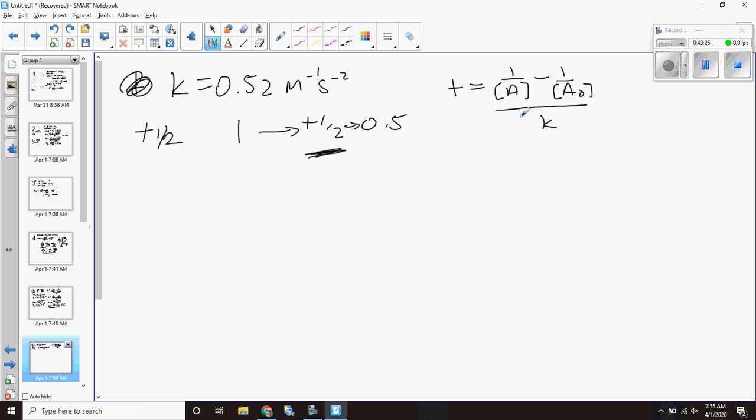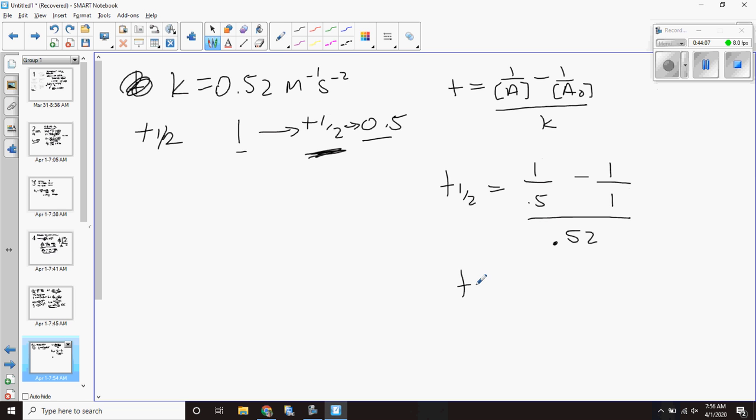That is going to be our expression to get the half-life. All right, so plug some numbers in. Plug in your hypothetical starting with 1 and ending with 0.5. So T1 half equals 1 over [A], our concentration after 1 half-life of 0.5, minus 1 over the initial concentration of 1, divided by our rate constant, which we just happen to choose from the last problem, 0.52. 1 divided by 1 is 1. 1 divided by 0.5 is 2.